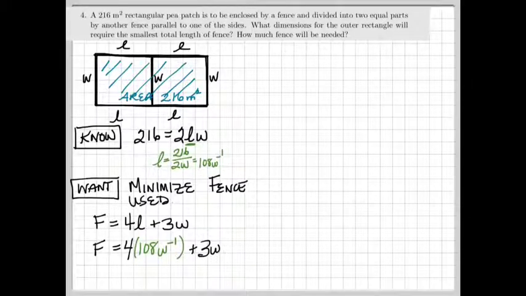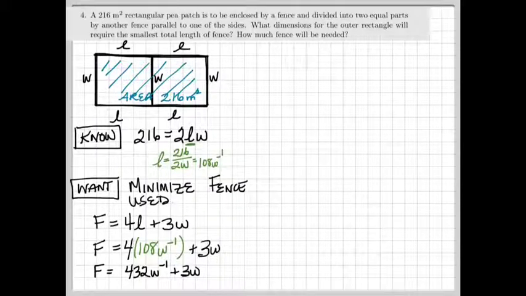Substituting into the function for the amount of fence, we get 4 times 108W to the negative 1 plus 3W. Multiplying gives us our function f equals 432W to the negative 1 plus 3W.